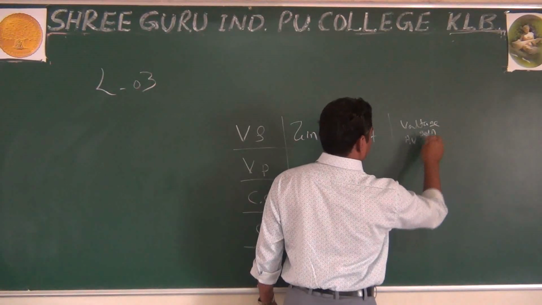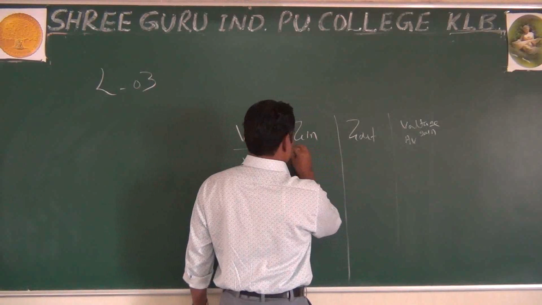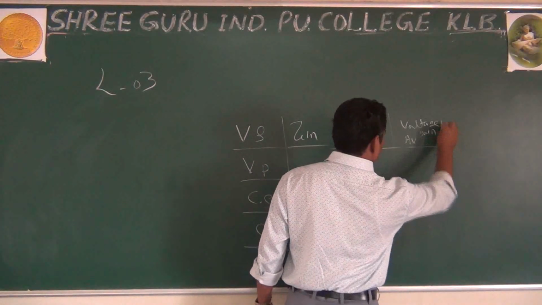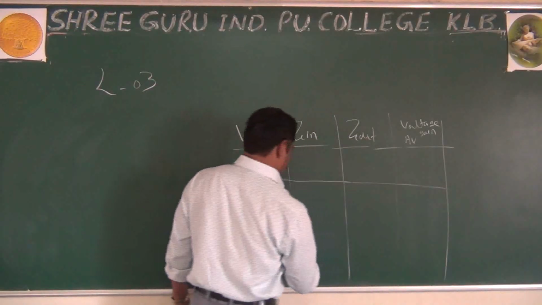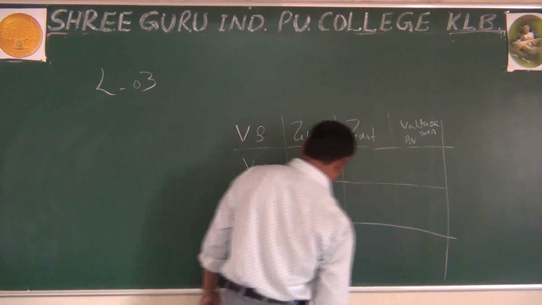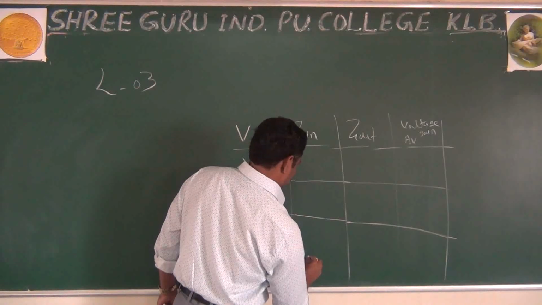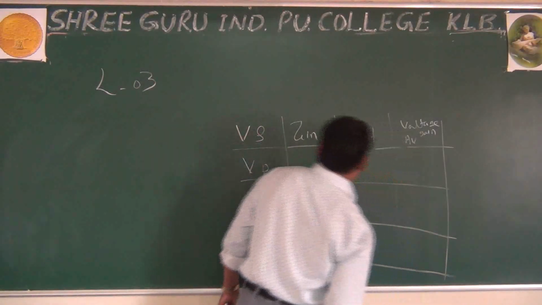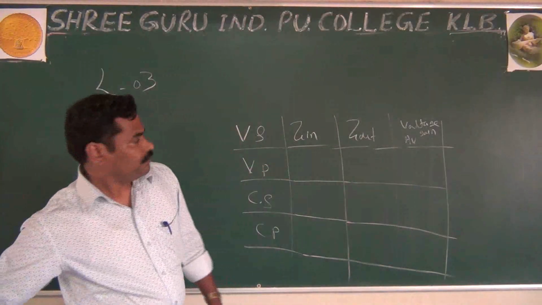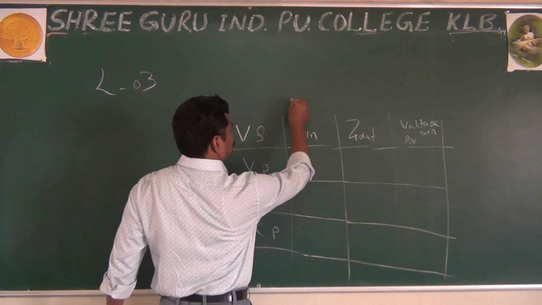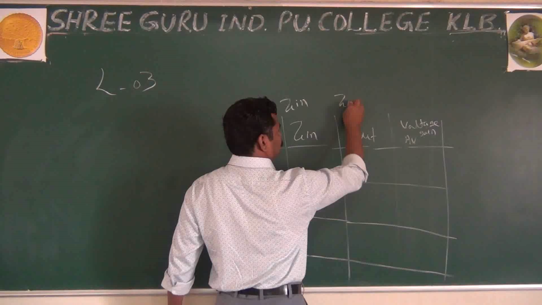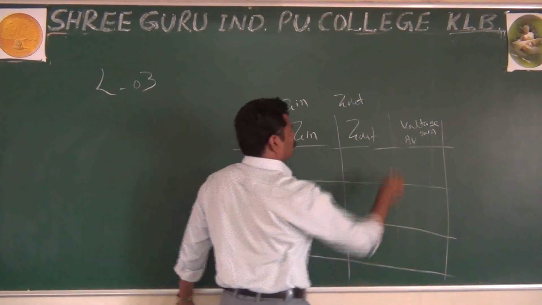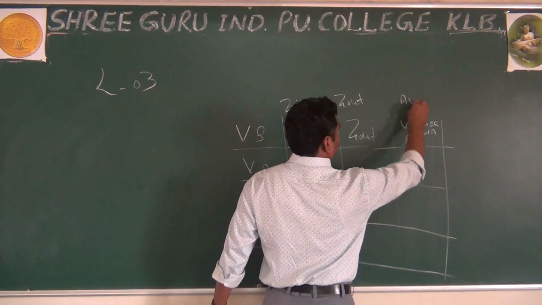You go for the different parameters of different types of feedback topologies. Sorry, here I write Z in and Z out, and this is AV, the voltage gain.